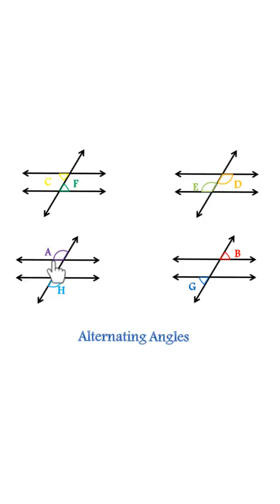Over here we have A, which is in the top left, and H is in the bottom right. And then B is in the top right, and G is in the bottom left. So they are alternating angles, and they are congruent to each other.